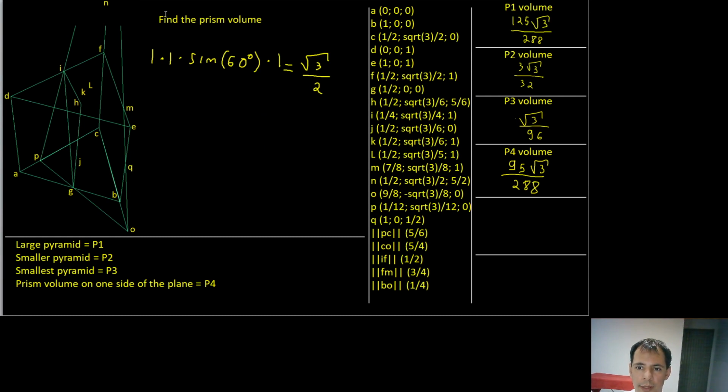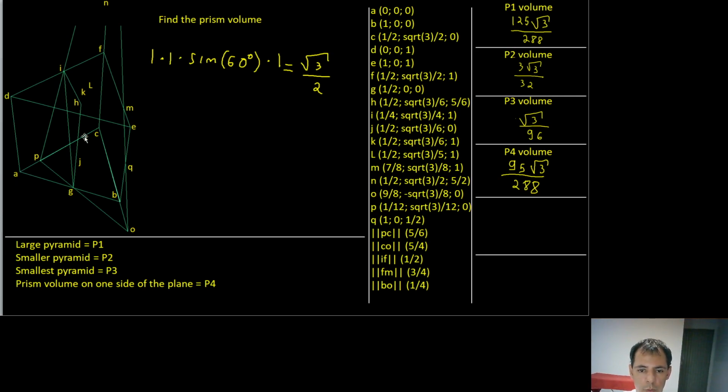And now you find the prism volume. So you want to find the volume of the whole prism. Okay, how do you do that? Well, it's going to be the area of the base times the height. And this time you don't have to divide it by 3 because it's not a pyramid, it's a prism.